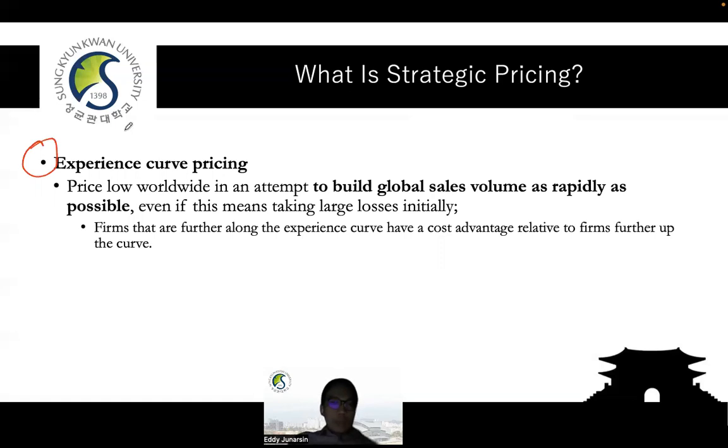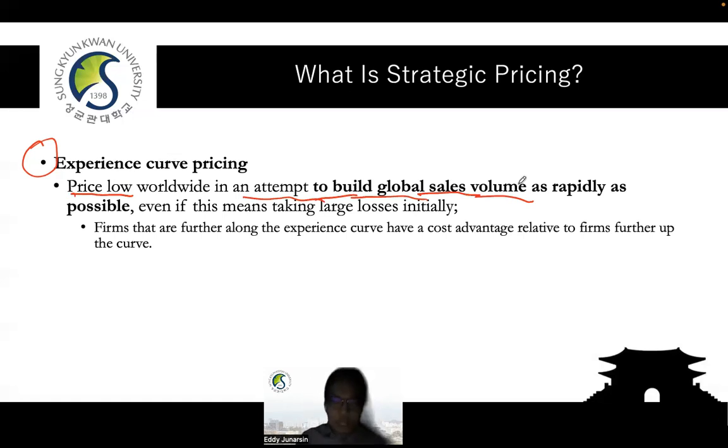You set the price as low as possible, maybe even below the cost. Again, what is your main purpose? It is to build the sales volume, so you want to get to the later stage of the experience curve. So you're willing to sacrifice for the first 3 to 5 years, maybe even the first 10 years.